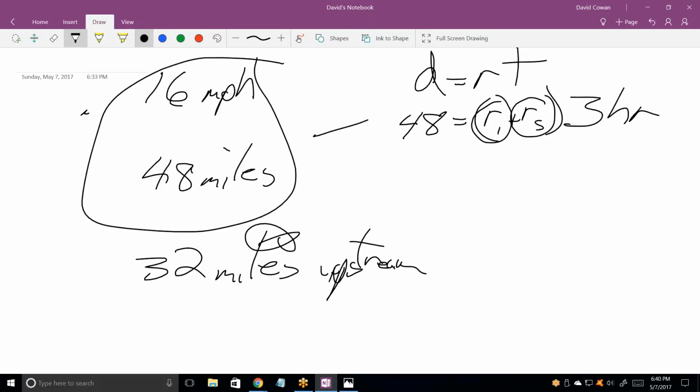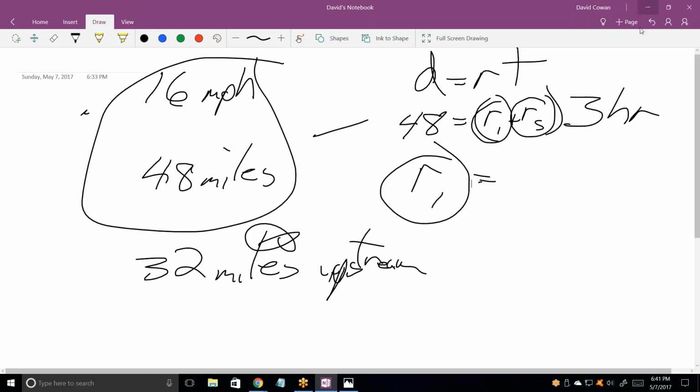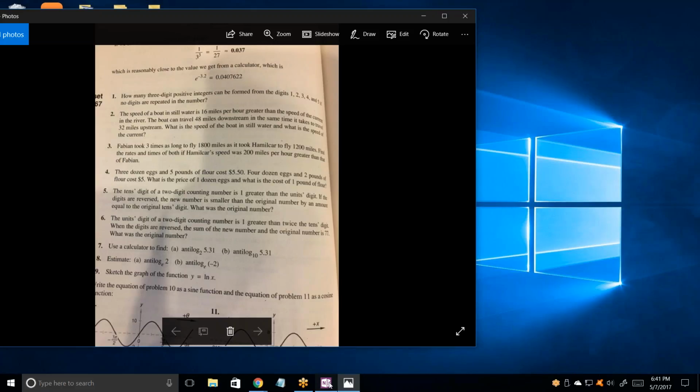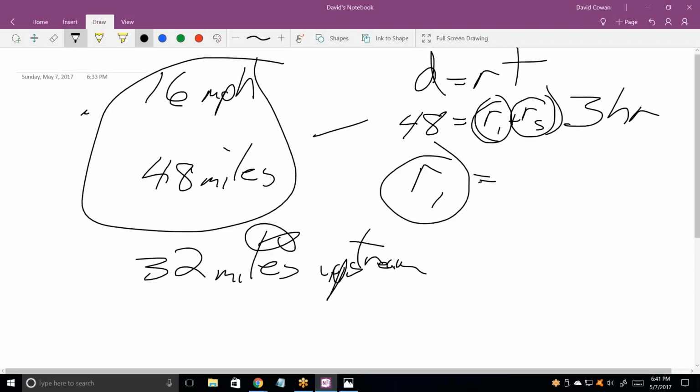So R sub 1, which is the speed of the boat in still water, is equal to, hold on, let me go back and look at this. 16 miles per hour greater than the speed of the current. All right. That means that we'll call it the speed of the current instead of the speed of the stream.